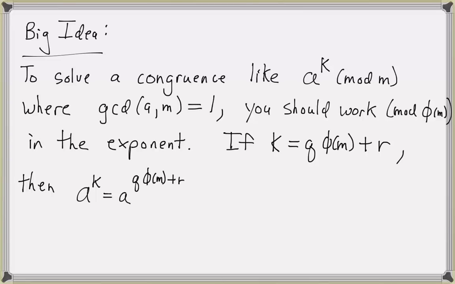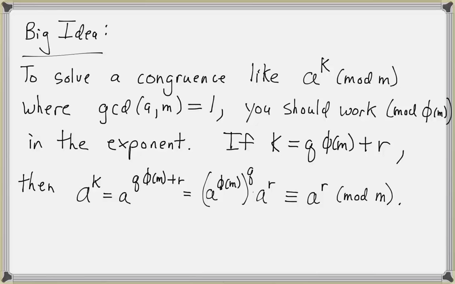But I can rewrite this as a to the phi of m raised to the power q times a to the power r. And the expression a to the phi of m will just simplify to 1 mod m. So therefore, this is congruent to a to the r mod m. So this is the big idea. To solve these congruences, we will reduce the exponent mod phi of m, as long as a and m are relatively prime.